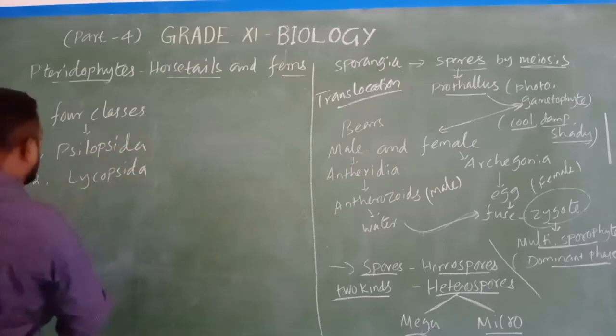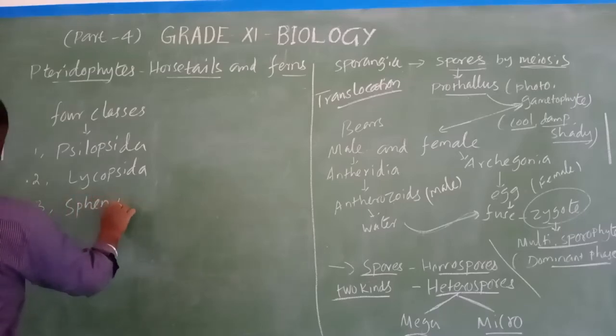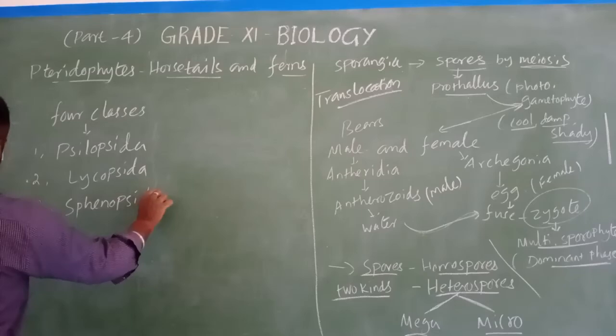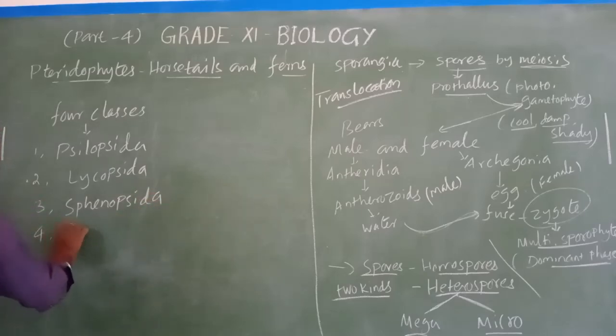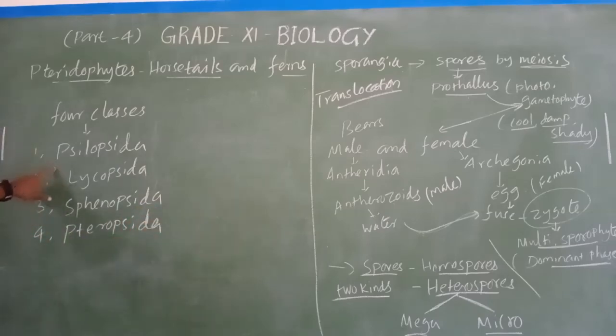Coelopsida, Lycopsida, and the next one, Sphenopsida. The fourth one, Pteropsida. So the first one is Coelopsida, the second Lycopsida, the third Sphenopsida, the fourth Pteropsida.